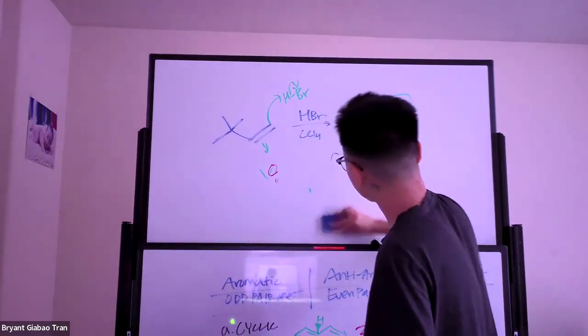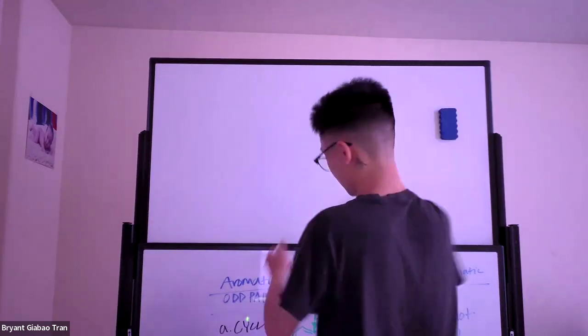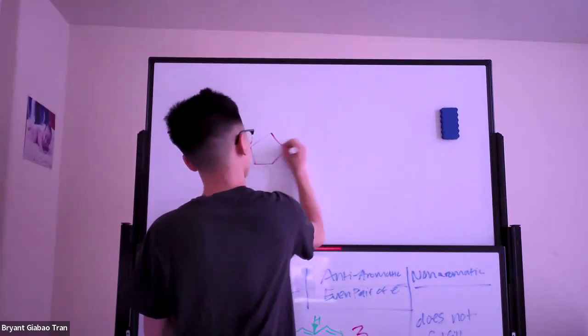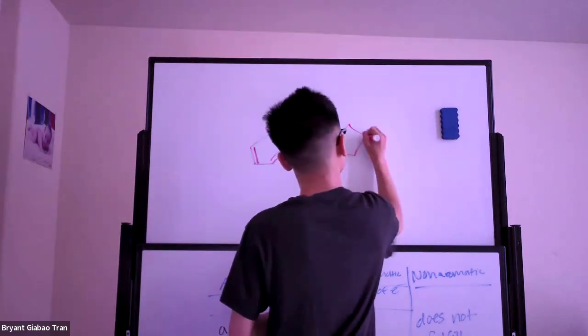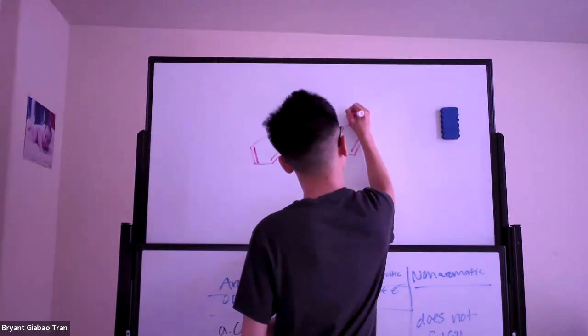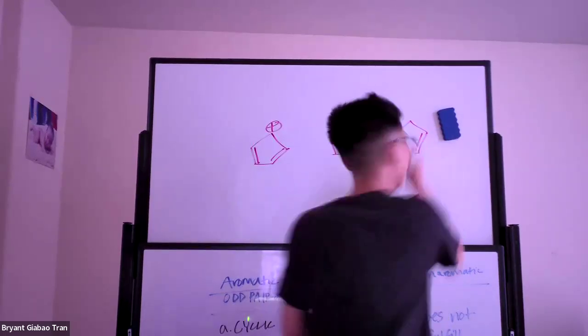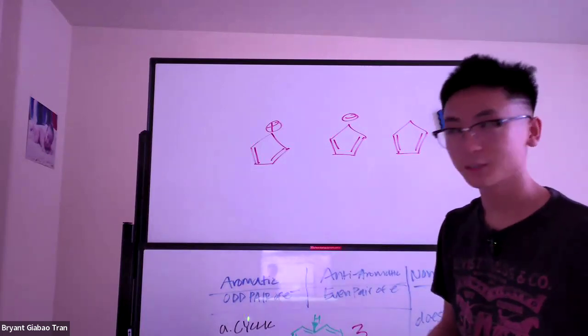Because let's say we have something like this compared to this. Okay, I want you to identify each of these structures, if it's aromatic, non-aromatic, or anti-aromatic.